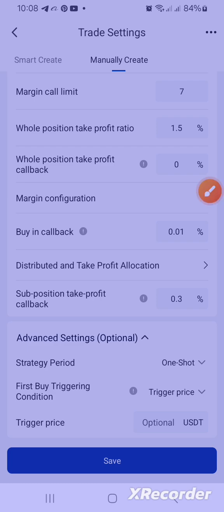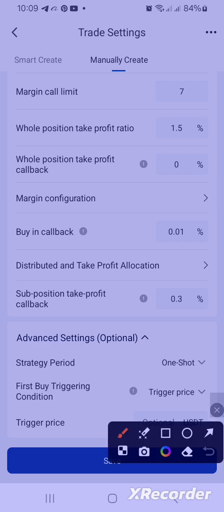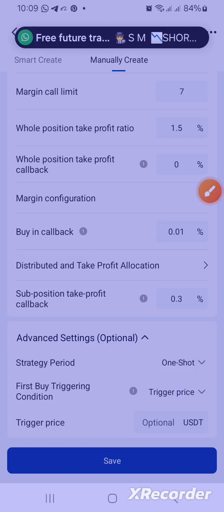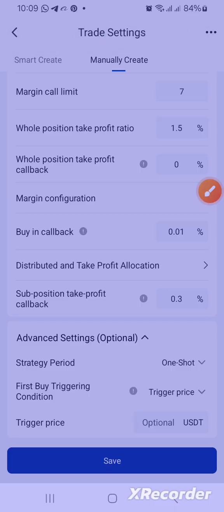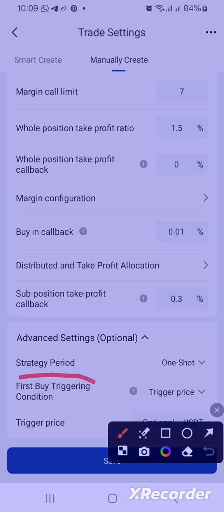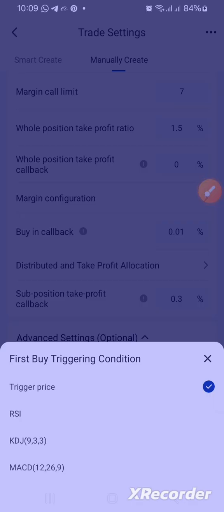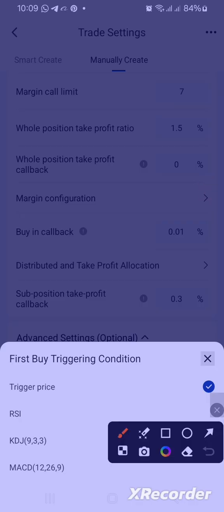As usual, remember you put our trade in one shot, okay? As usual, you know that. So now we click here. Because now we want it to buy, we shall click here on first buy trigger price. So I press trigger price there. Then I will press on MACD.